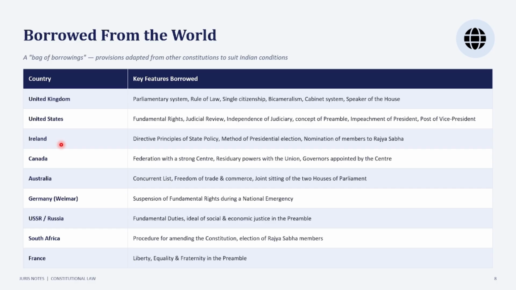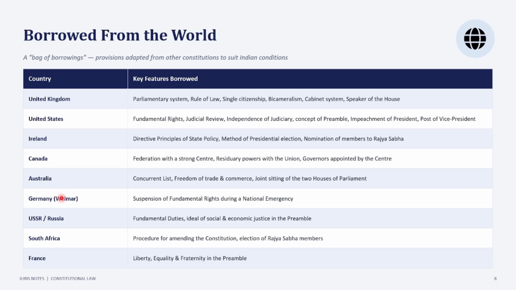From Canada, we get the idea of a federation with a strong center, residuary power with the union, and appointment of governors by the center. Now, from Australia, we have features such as the concurrent list, freedom of trade and commerce, and joint sitting of the two houses of the parliament.